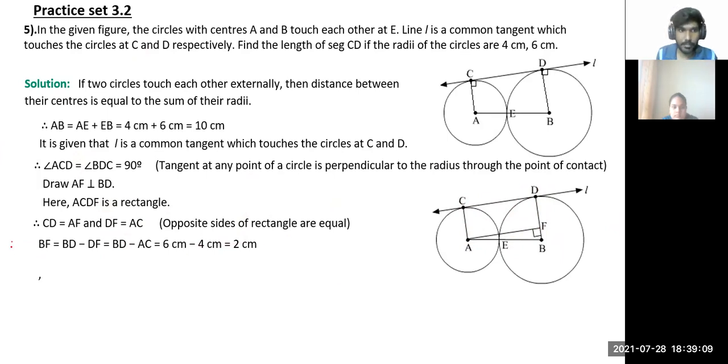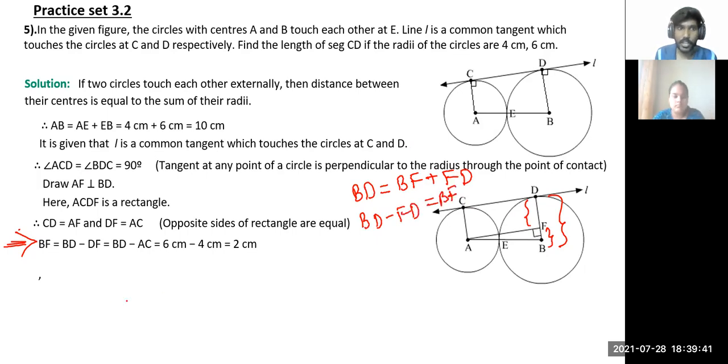To understand this step, just look at side BD. If you see carefully, BD is equal to BF plus FD. Is this correct? BD is equal to BF plus FD. Now take FD or DF to the other side. So you will have BD minus FD is equal to BF. That is written here: BF is equal to BD minus DF. Is this clear?